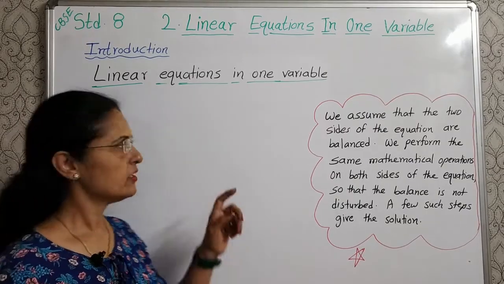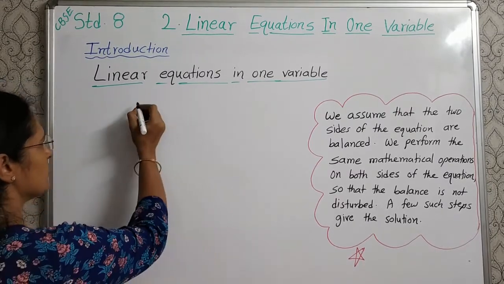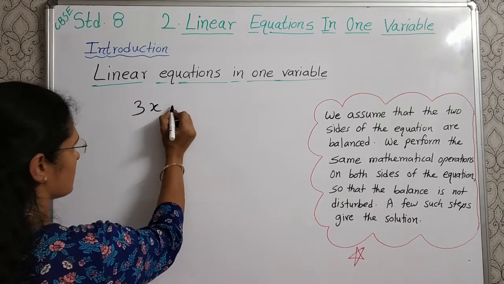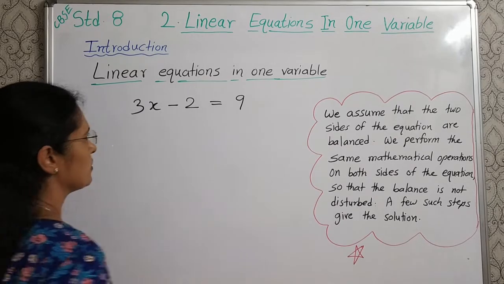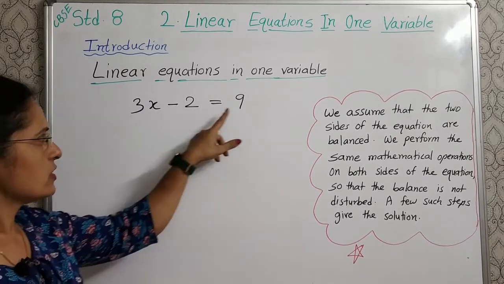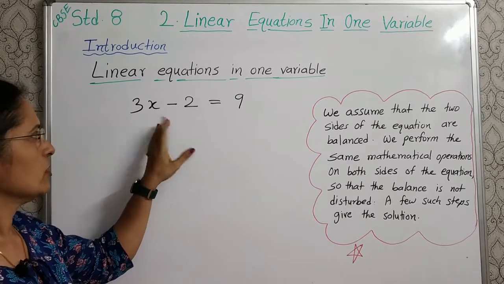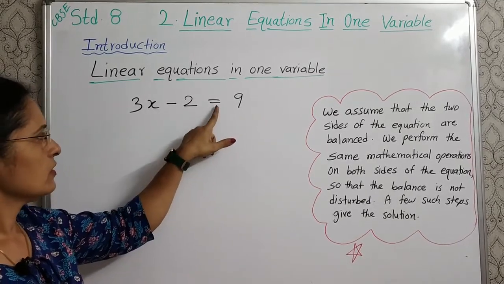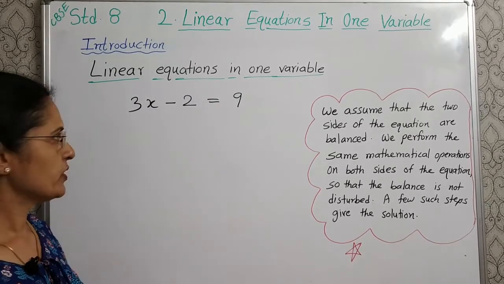Now let us study linear equations in one variable. I'll write one equation here. 3x minus 2 is equal to 9. Now this is the equation with linear expression. So this equation has linear expression and equal sign is also there. So this is linear equation.